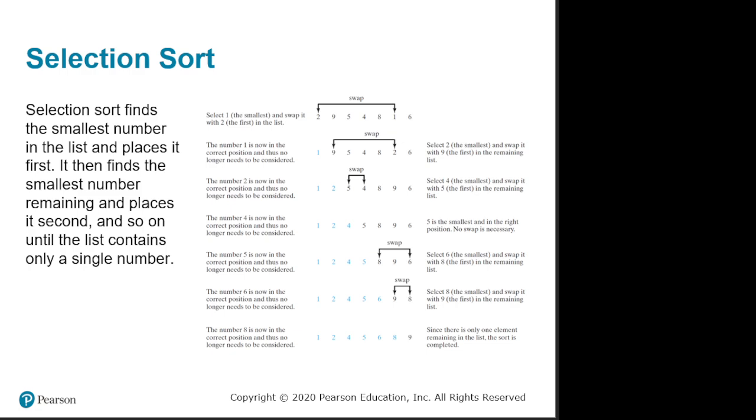And if the current minimum is bigger than our jth element, then we found something smaller.